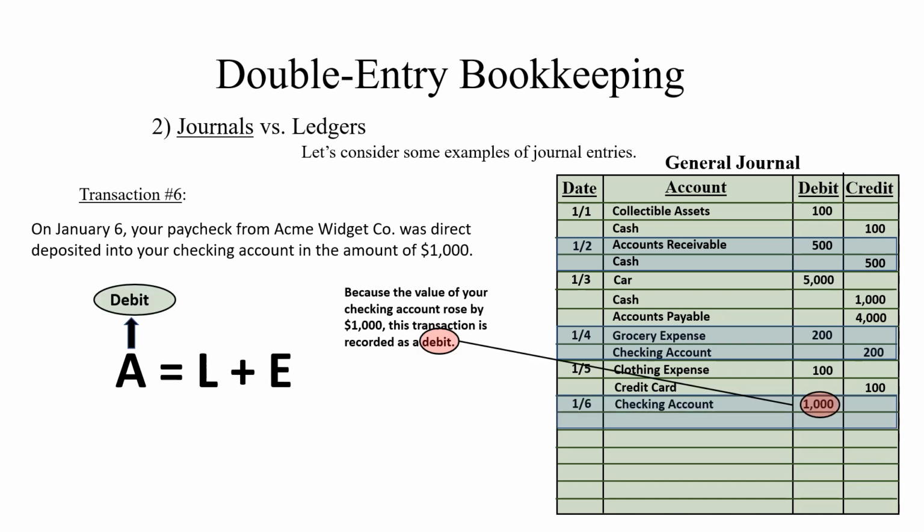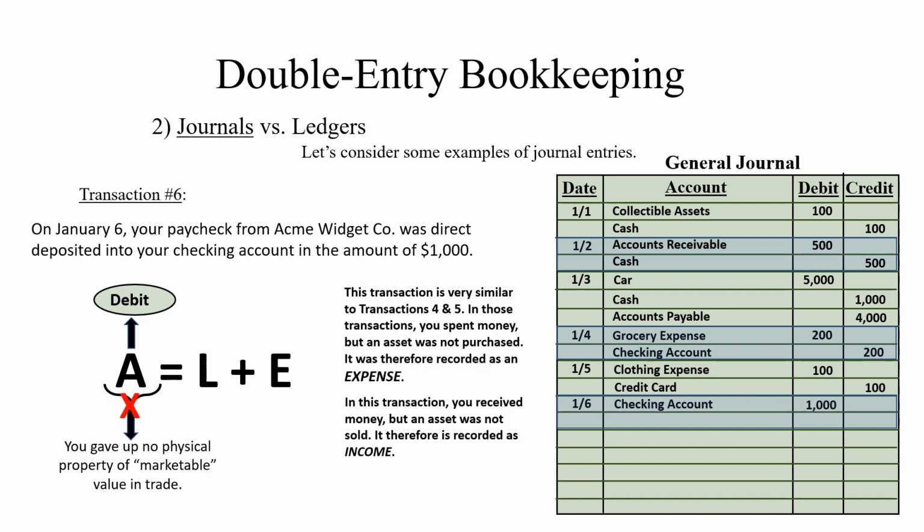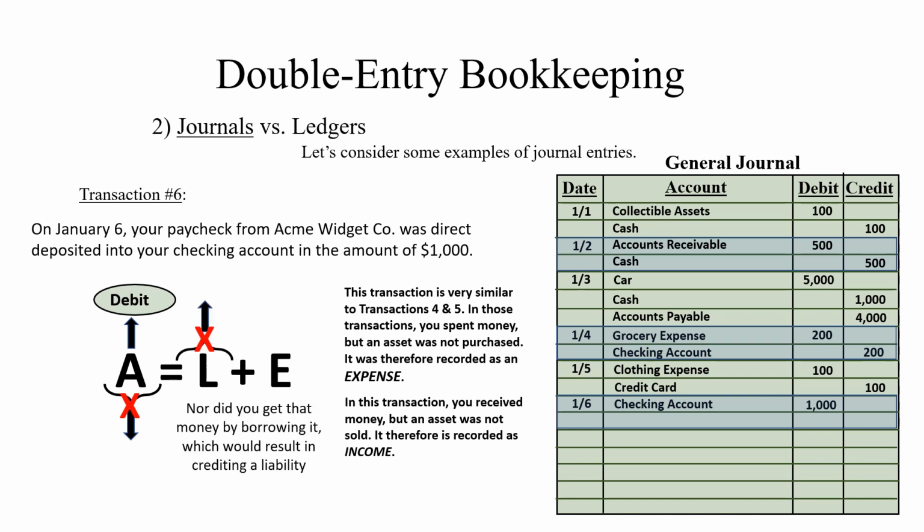Because the value of your checking account, an asset, rose by $1,000, this transaction is recorded as a debit. But you gave up no physical property of marketable value, so there's no asset account to credit to offset that debit. Nor did you get that money by borrowing it, which would have resulted in crediting a liability.